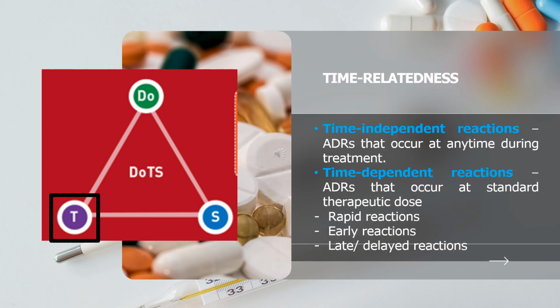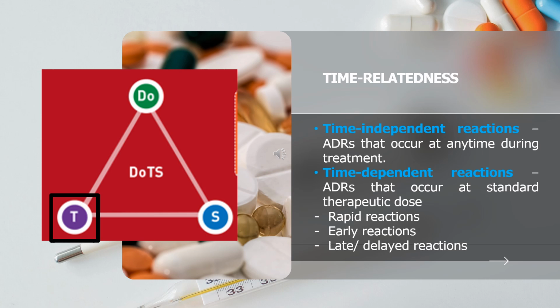The second letter in the DoTS system, T, represents the time relatedness. When we talk about time independent reactions, the adverse effects can occur at any time during the treatment. For time dependent reactions, the reactions occur at standard therapeutic dose.